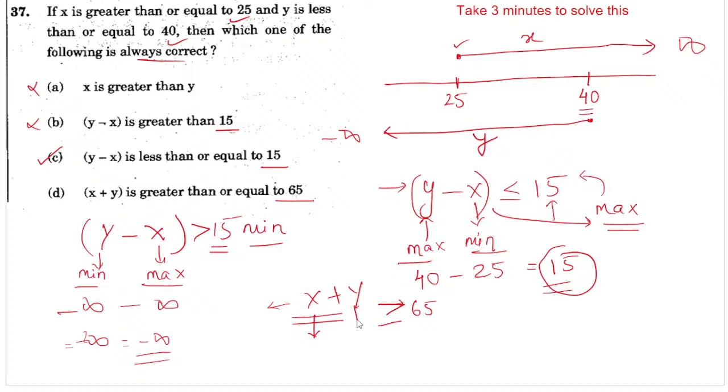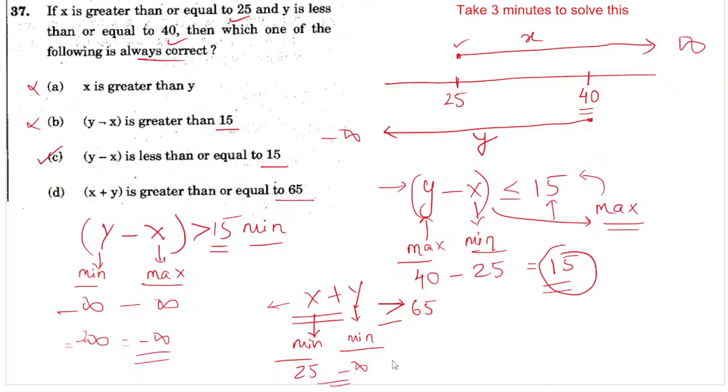We have to minimize both: x has to be minimum and y has to be minimum. x minimum is 25, and y minimum is minus infinity. So clearly there is no minimum value of x plus y. So the correct answer is option C: y minus x is less than or equal to 15.